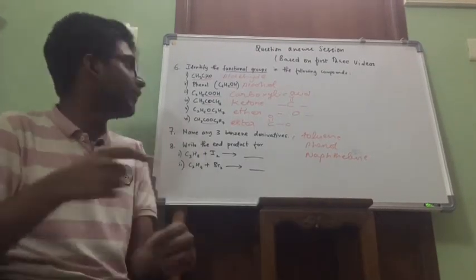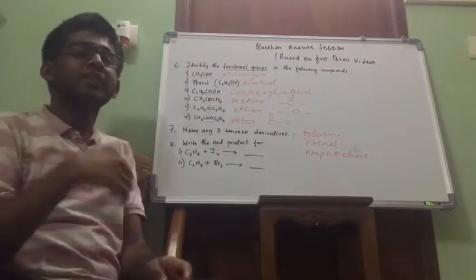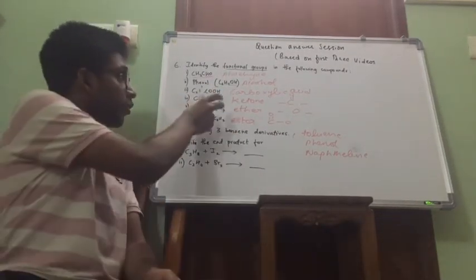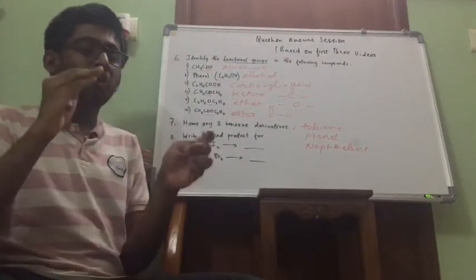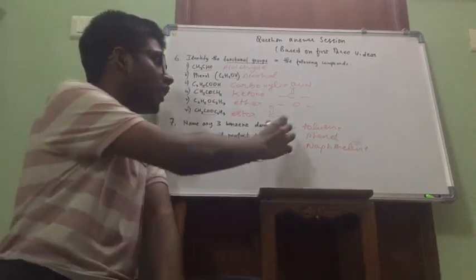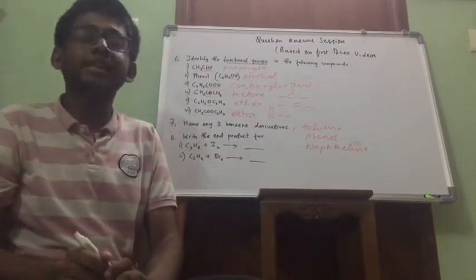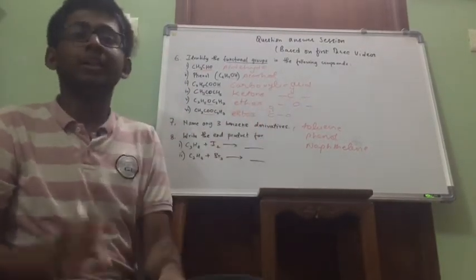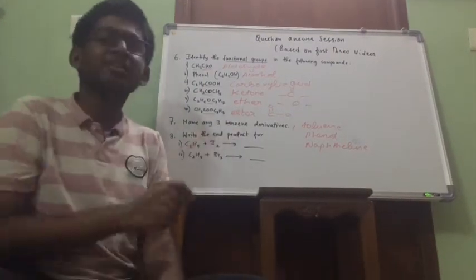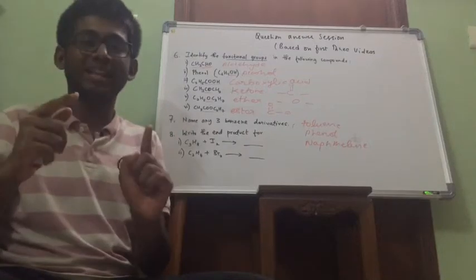You'll be having a benzene ring with an aldehyde group, you'll be having a benzene ring with a COH group, you'll be having a benzene ring with this whole compound also. But for now, if they ask name any three benzene derivatives, the answer will always be toluene with an alkyl group CH3, phenol with the major functional group OH, which is an alcohol, and naphthalene is nothing but two benzene rings together.